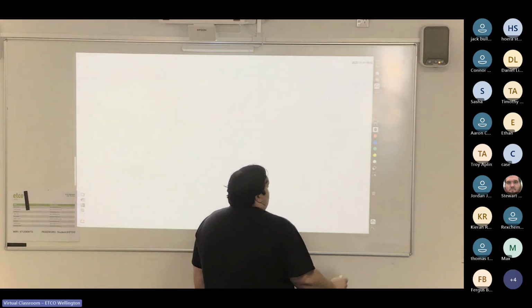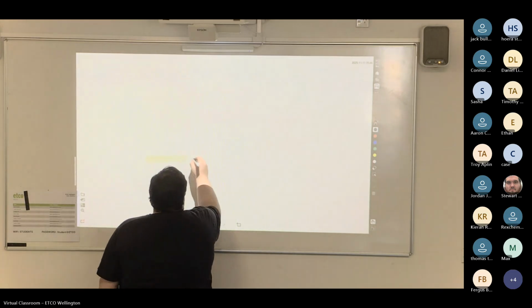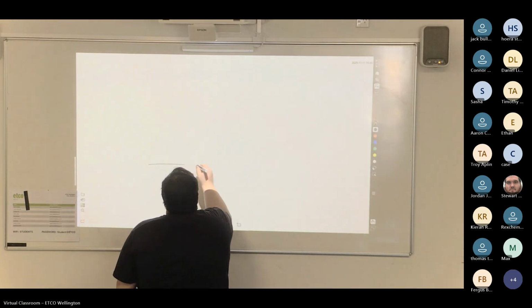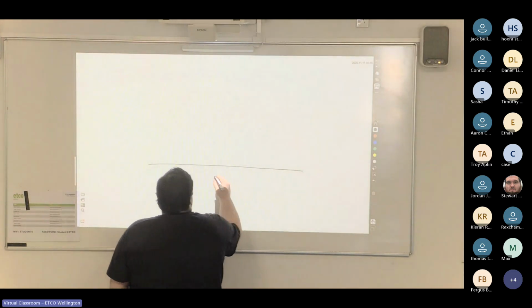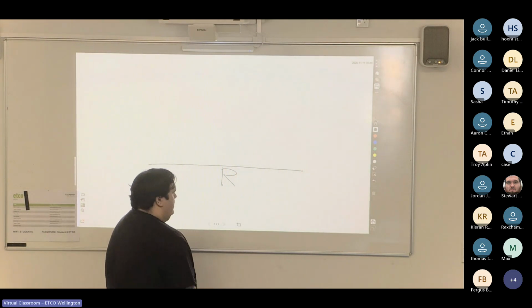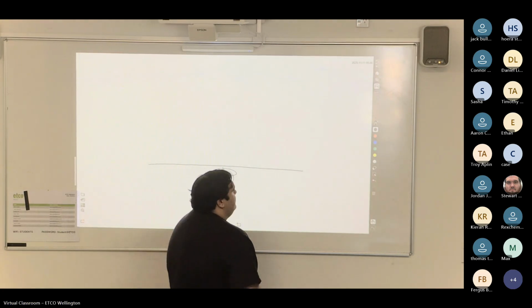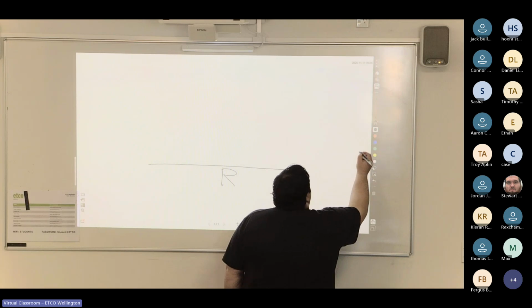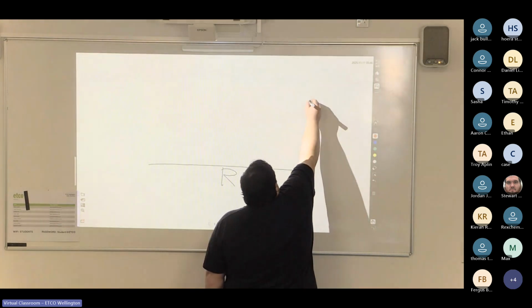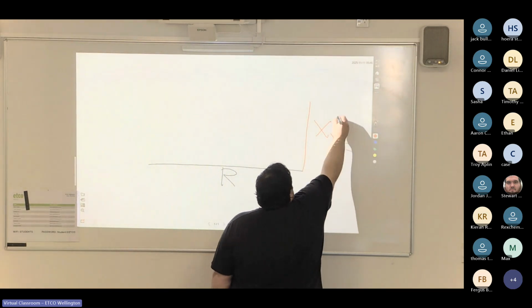Cool. So our impedance triangle. So we have our resistance. So pure resistance. Flat line follows the voltage wherever we go. Then we have our reactance. In this case, our inductive reactance, so our XL.